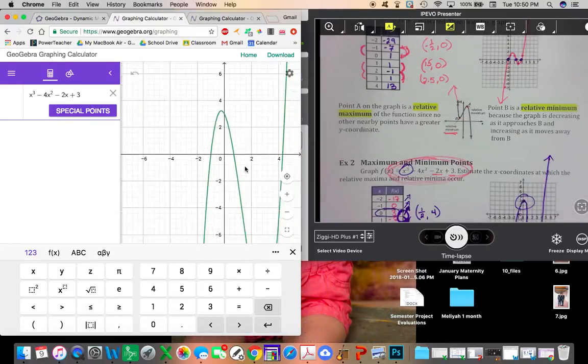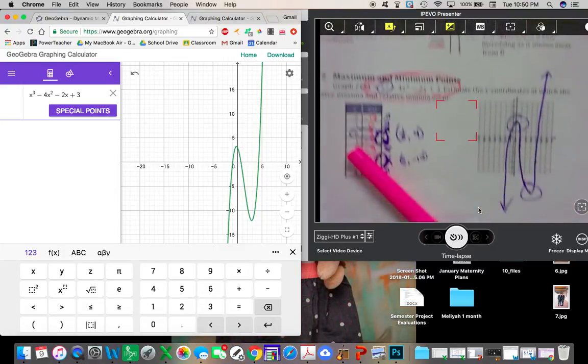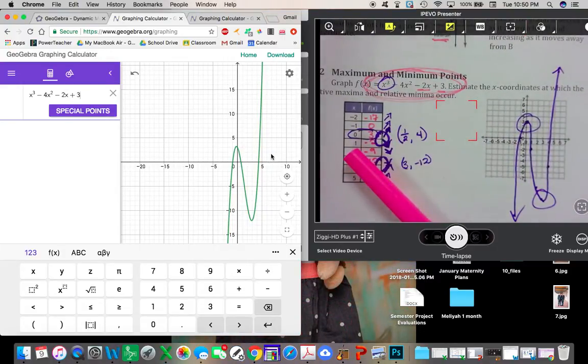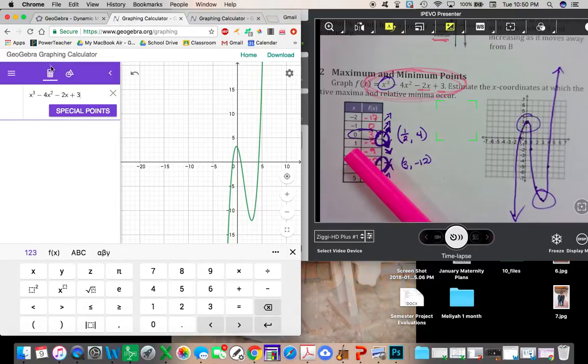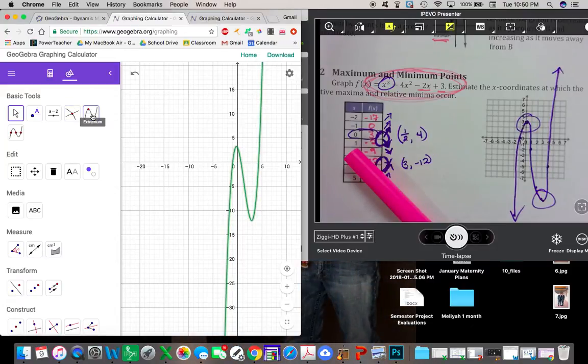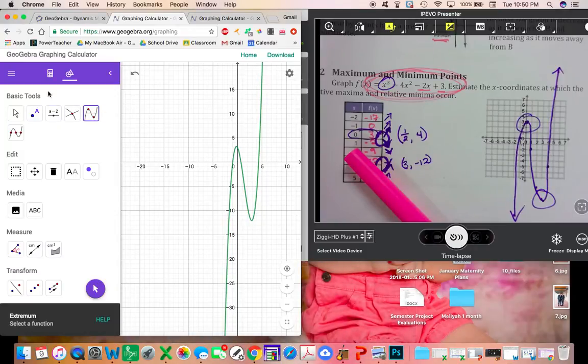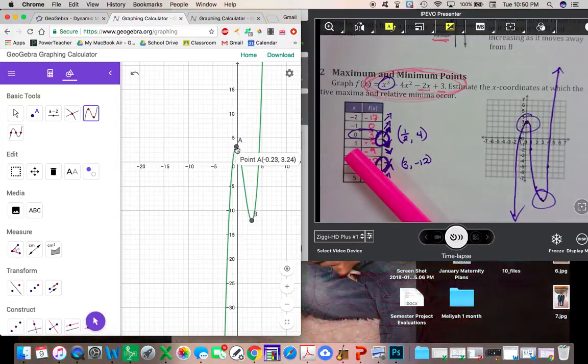And I can zoom in and out if I want to. Looks pretty similar to the one that I graphed. Zoom in over here. Pretty similar to the one that I graphed here. There's a function: if I hit this tools button, I can actually hit the extremum. It's all the way on the very right of the basic tools, and I can hit this button and it will give me the maximum and minimum points.